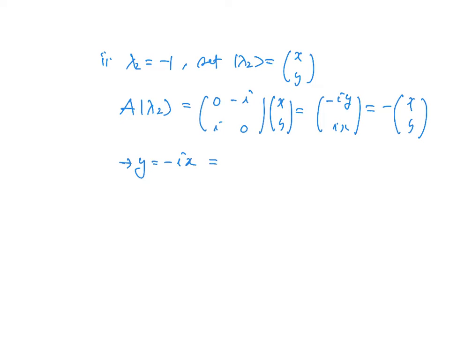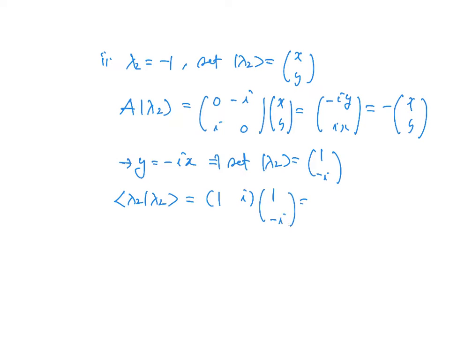So we can set lambda 2 vector as (1, -i), but it's not a normalized vector. The inner product (1, i)·(1, -i) is 1 plus 1, equal to 2. So we can normalize this vector as 1 over square root of 2 times (1, -i).